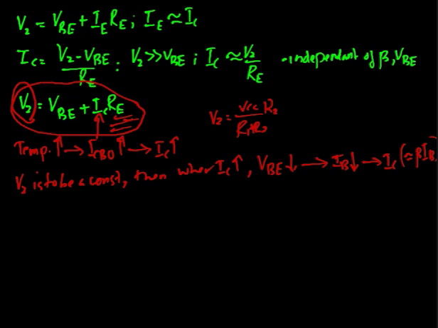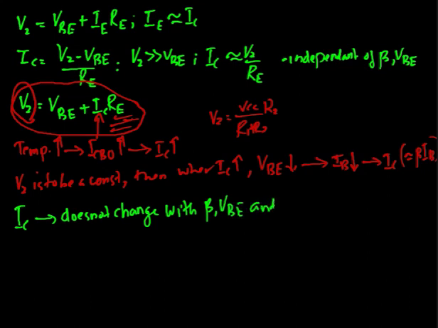So we can say that the collector current IC does not change with the transistor parameters beta and VBE, and also with changes in temperature.